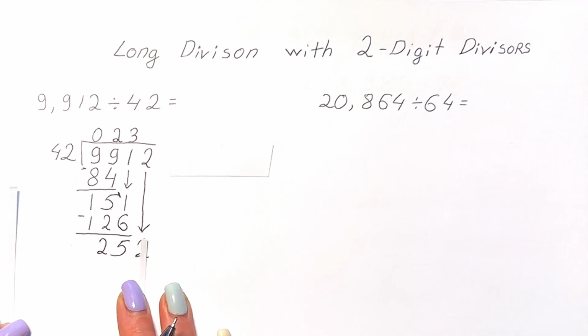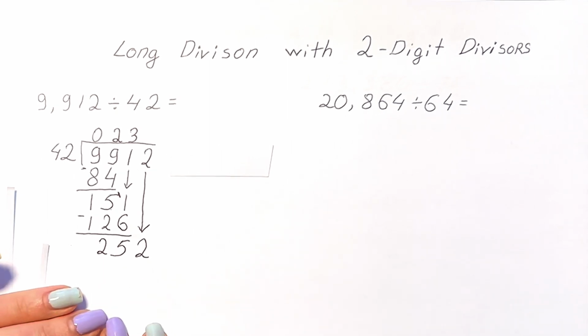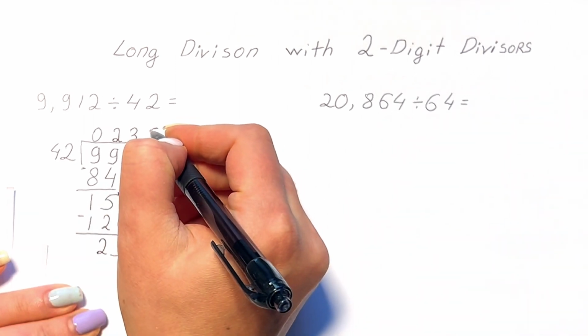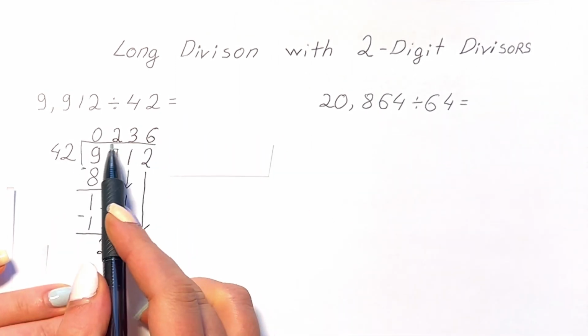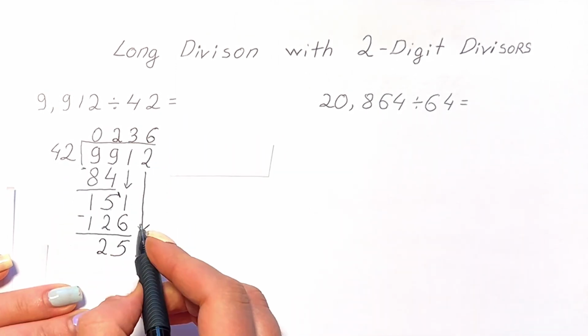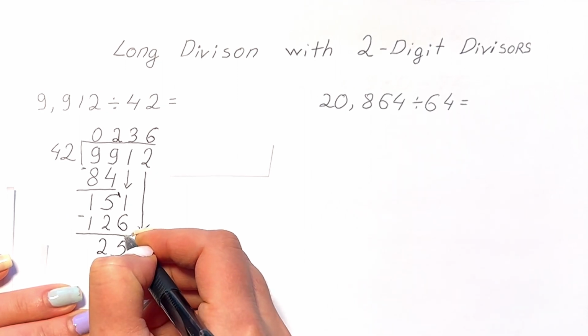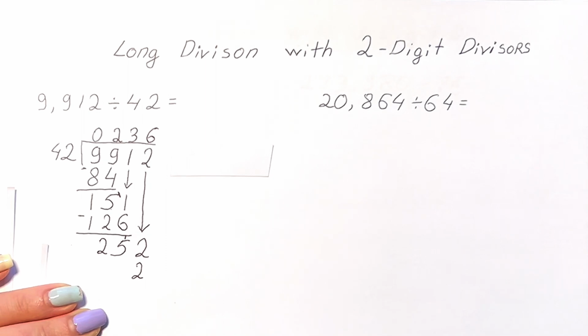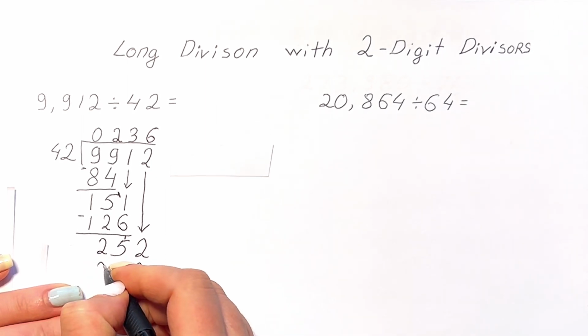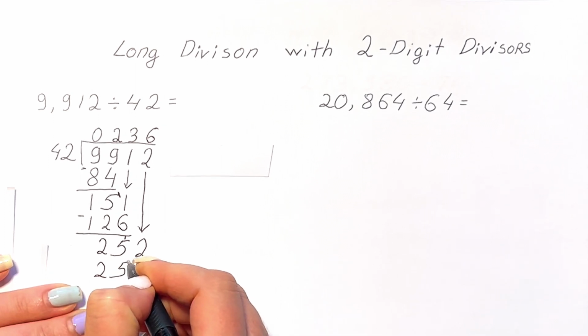It means 42 goes into 252 6 times. Let's put 6. 6 times 2 is 12. I'm gonna put the 2 and carry 1 to the tens place. 6 times 4 is 24. 1 more will be 25.